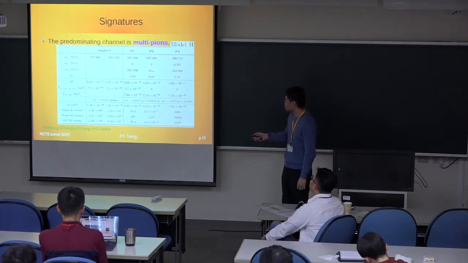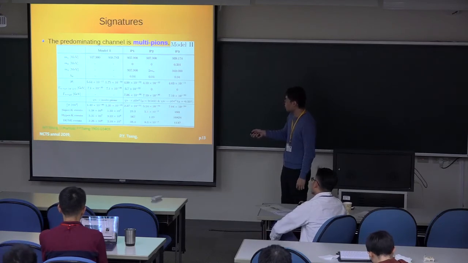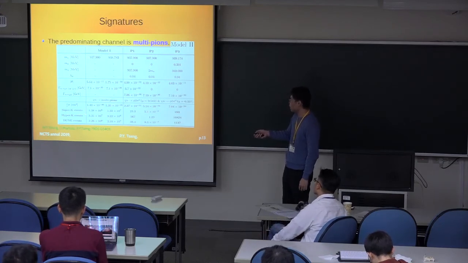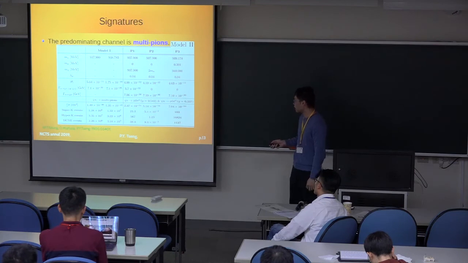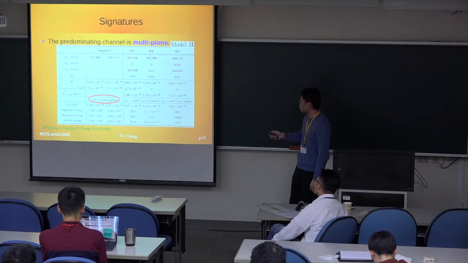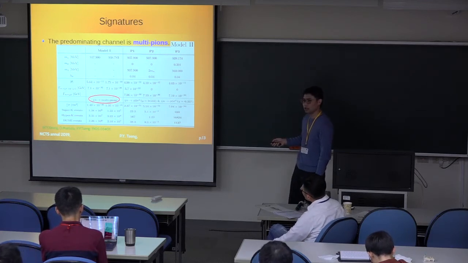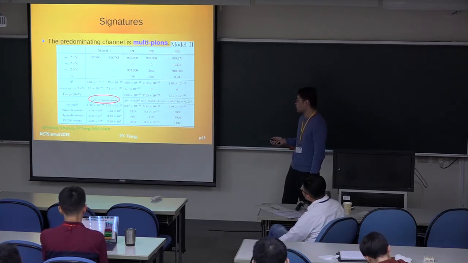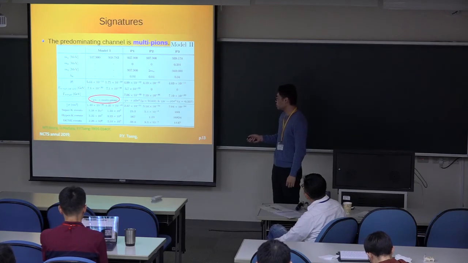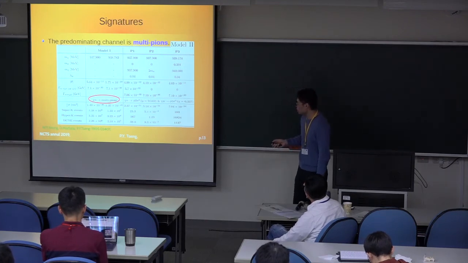Using this, we can obtain how many events we can see from the Super K, Hyper K, and the DUNE experiment. For model 1, almost 1 million events we can detect from the current Super K sensitivity.